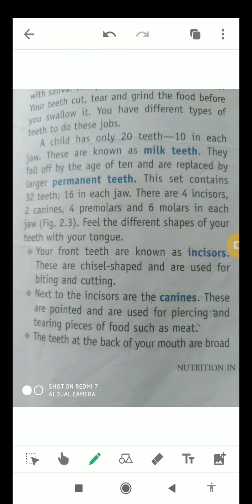Initially, the teeth present are known as milky teeth or temporary teeth, and by the time the age becomes 10, the milky teeth fall off and are replaced by the permanent teeth. Permanent teeth are 32 in number, 16 in the upper jaw and 16 in the lower jaw.